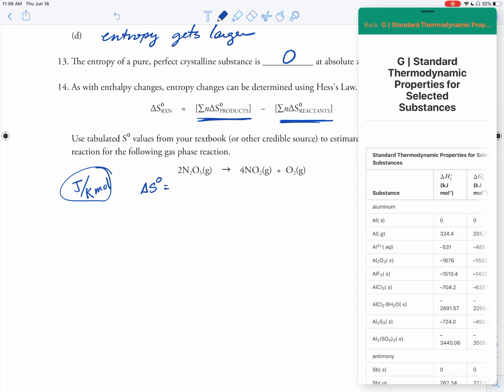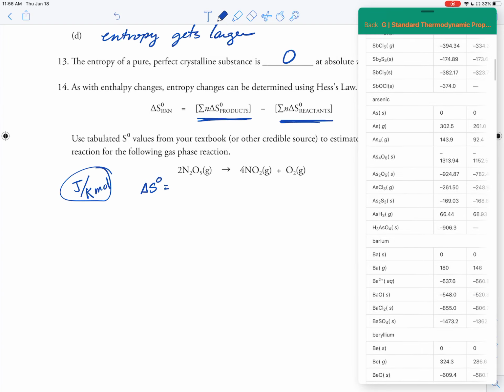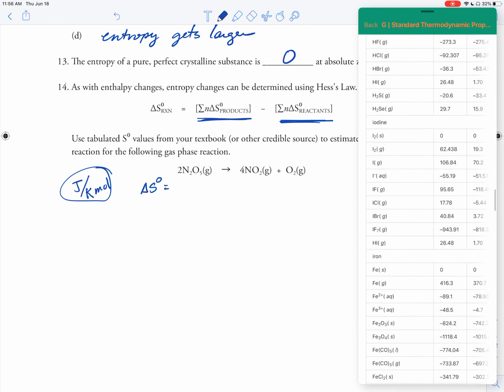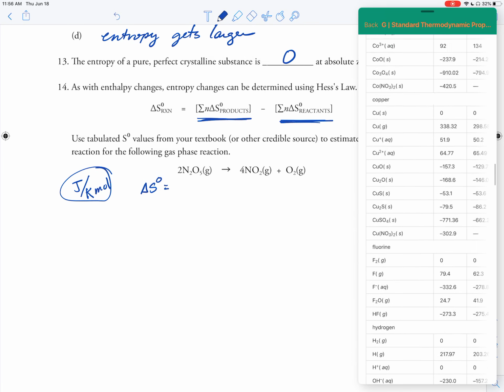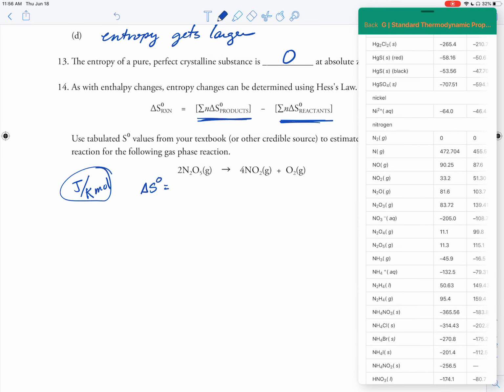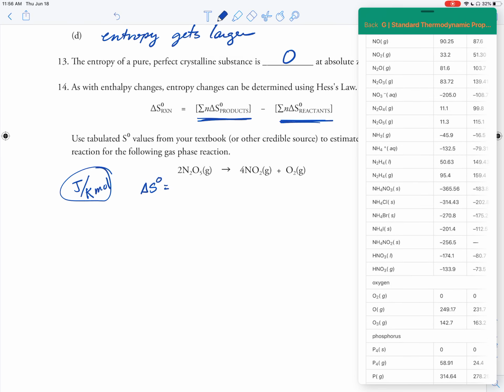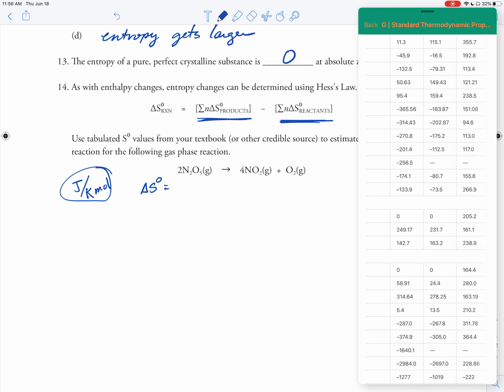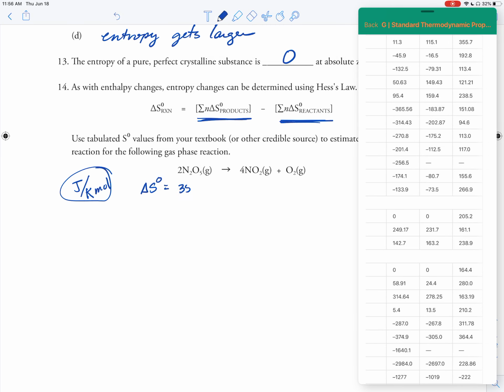So we're going to look these substances up. We're looking for N2O5, that one right there at the top. Third column, that's 355.7 joules per Kelvin mole.